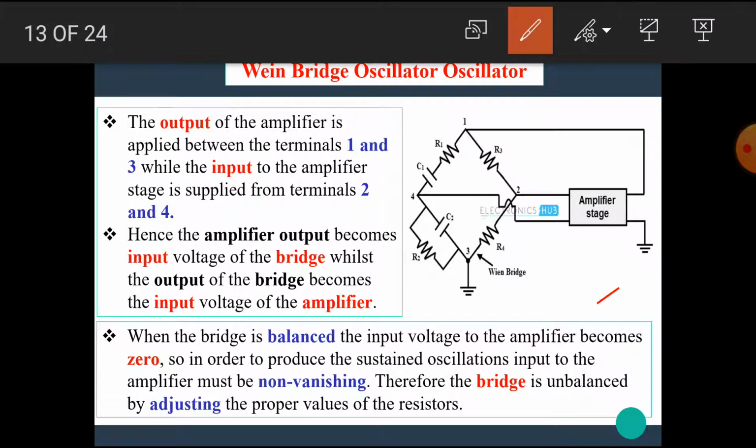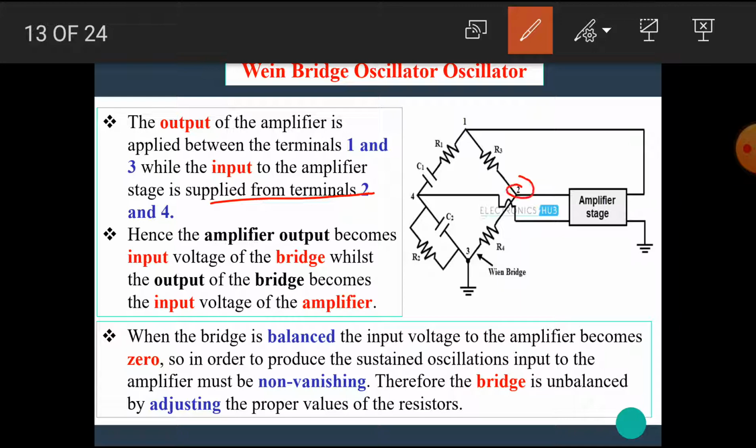Let's see the description about this block diagram. Here the output of the amplifier is applied between the terminal 1 and 3, that means this terminal 1 and this terminal 3. The input of the amplifier stage is applied from the terminal 2 and 4.